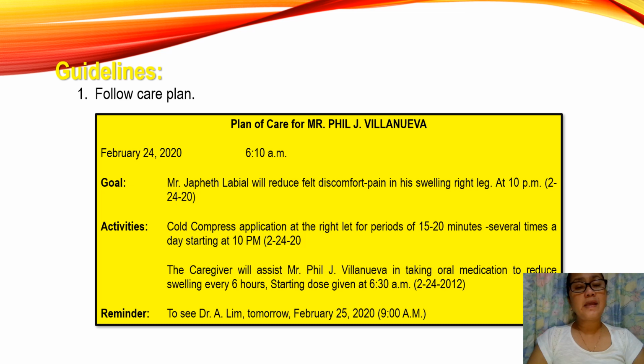So, activities, what will you do? From 6:10 a.m., you have to apply cold compress at the right leg, that is leg, for periods of 15 to 20 minutes several times a day, starting at 10 p.m. So, that is your 2/24/20.